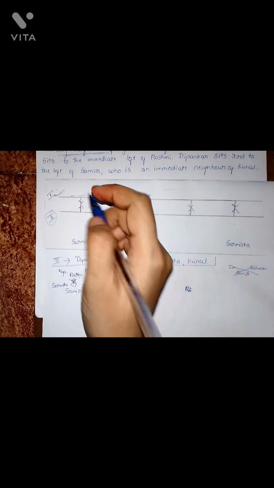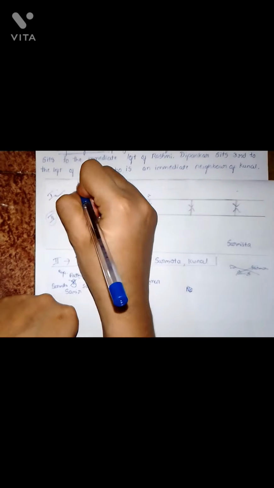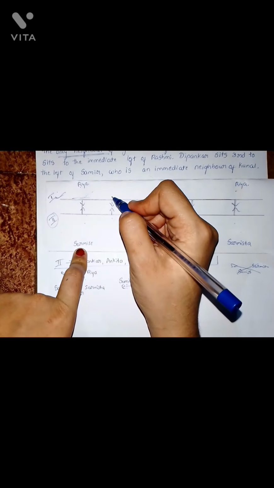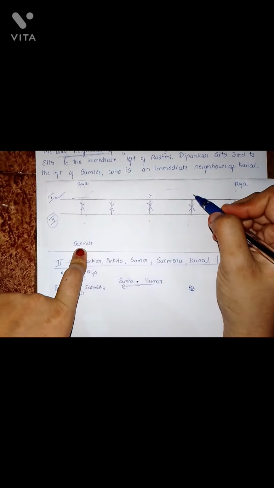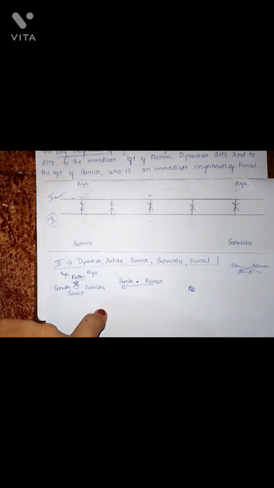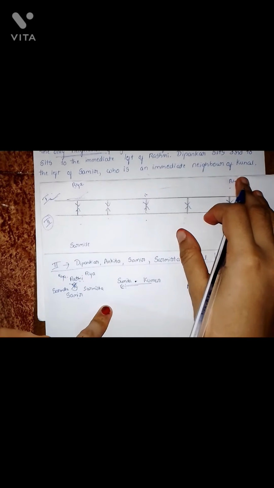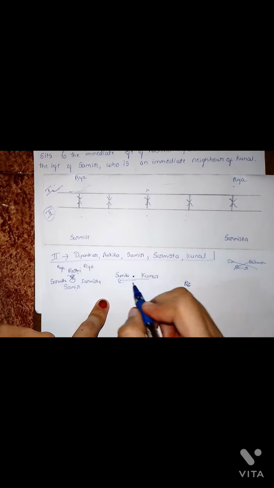Only neighbor of Riya means Riya will come either here or here, because if Riya comes here, Rashmi is the only neighbor, and if Riya comes here, Rashmi is the only neighbor. We don't know where they are seated, that's why we have to represent it like this. And next, Kunal faces the one who sits immediate left of Rashmi.